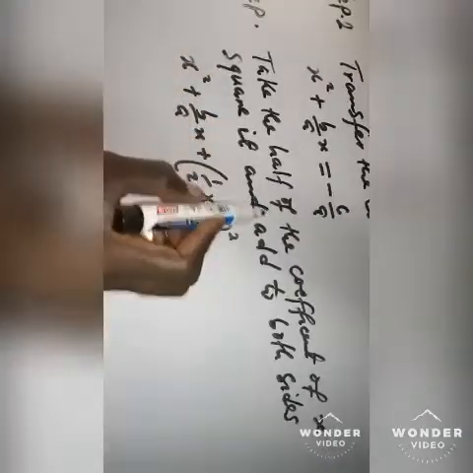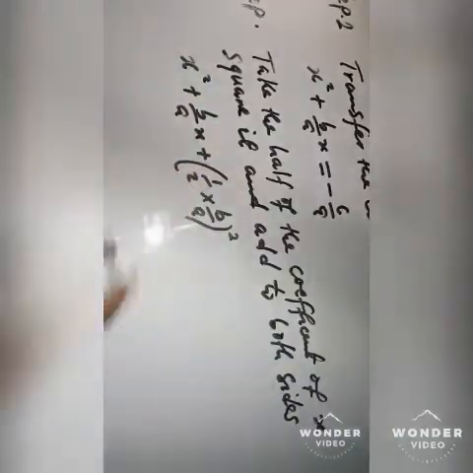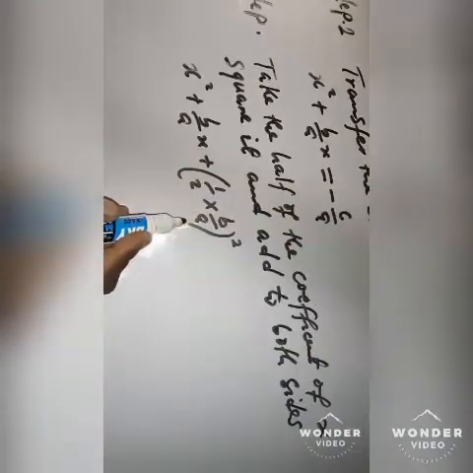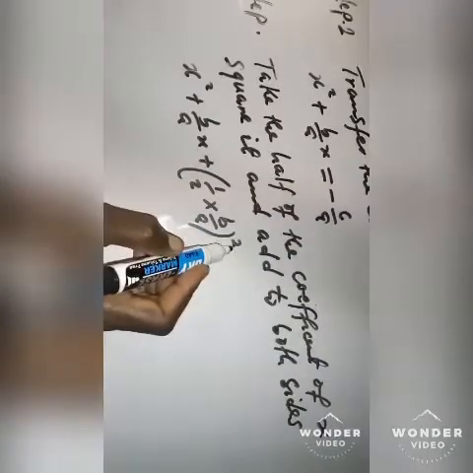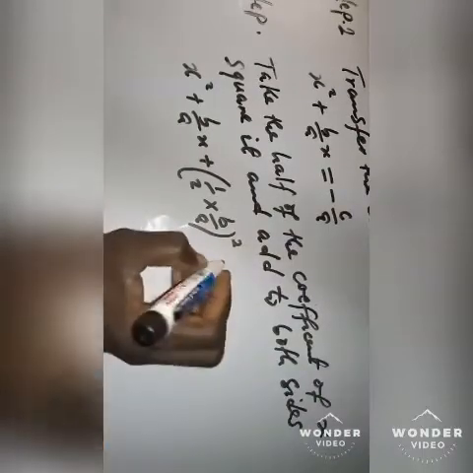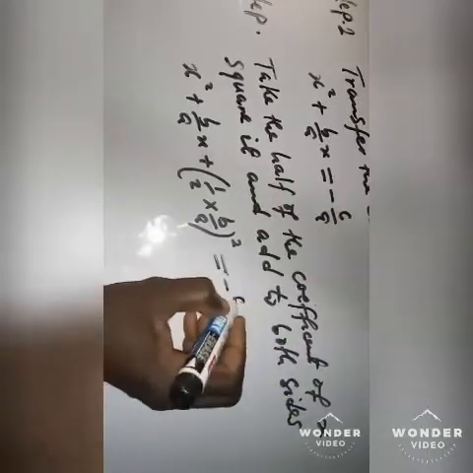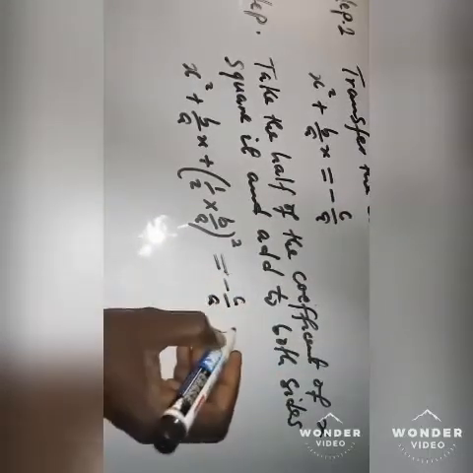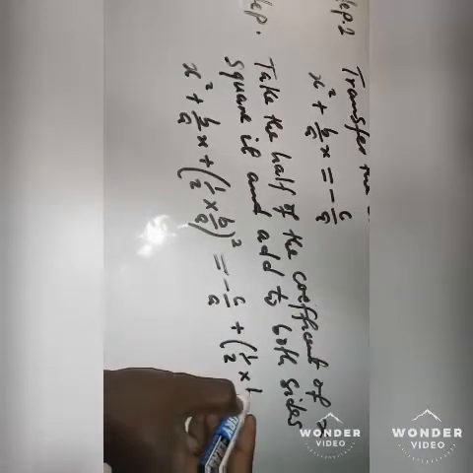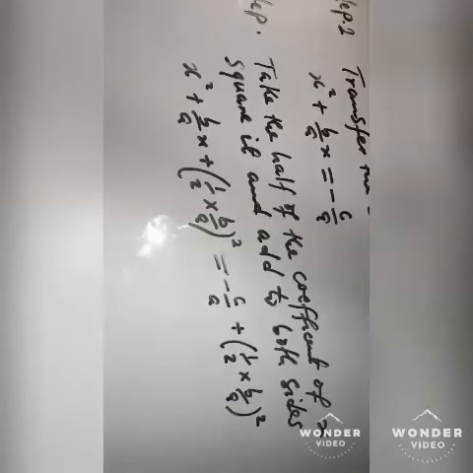You take the half of the coefficient of x, square it, and add to both sides. So we have taken the half of the coefficient of x, we square it, and we add it to this side. Now to the other side, we have negative c all over a, plus 1 over 2 also times b all over a, and we square it also.